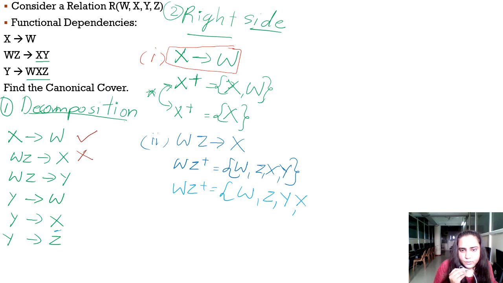So the closure remains the same, and that's why this dependency is not required. It can be removed. I've already put a cross mark here, so we'll keep the cross mark.